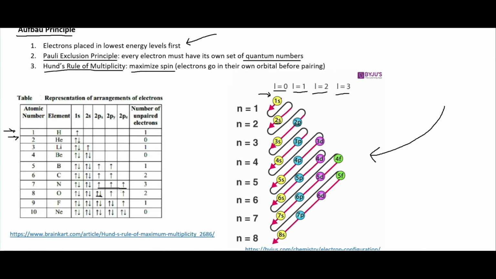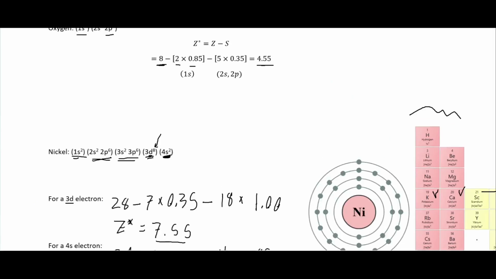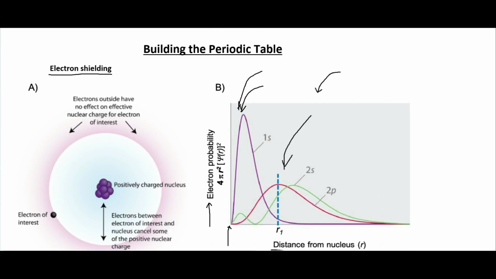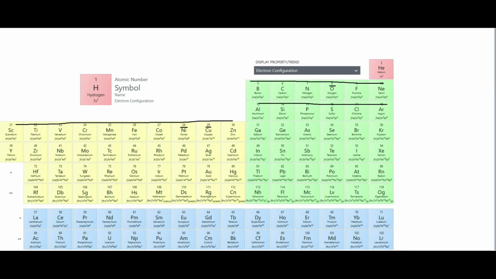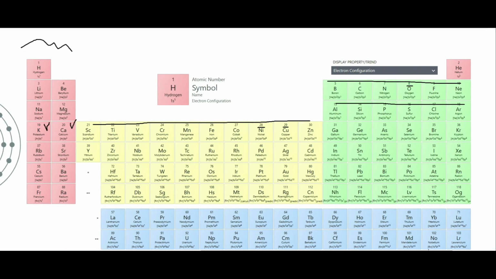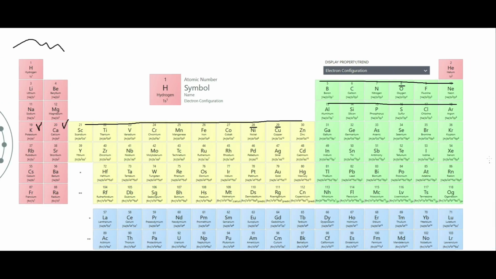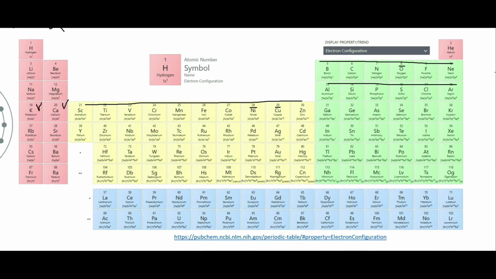But anyway, I hope you found this video helpful, and I hope you were able to see why quantum mechanics is what determines how the periodic table is actually built. The shape of the periodic table here isn't something that's arbitrary.